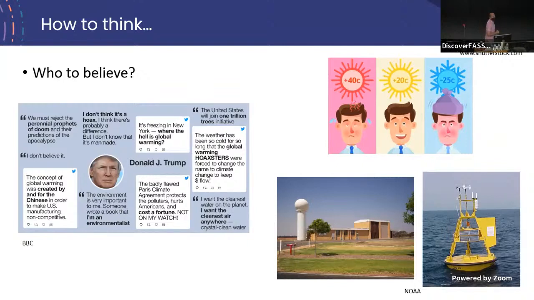Here you can see weather stations that are built to obtain data sets over decades. In this image here, you've got science equipment that is used to collect sea surface temperatures as well as land temperatures. So science is designed to collect this information in an organized manner.